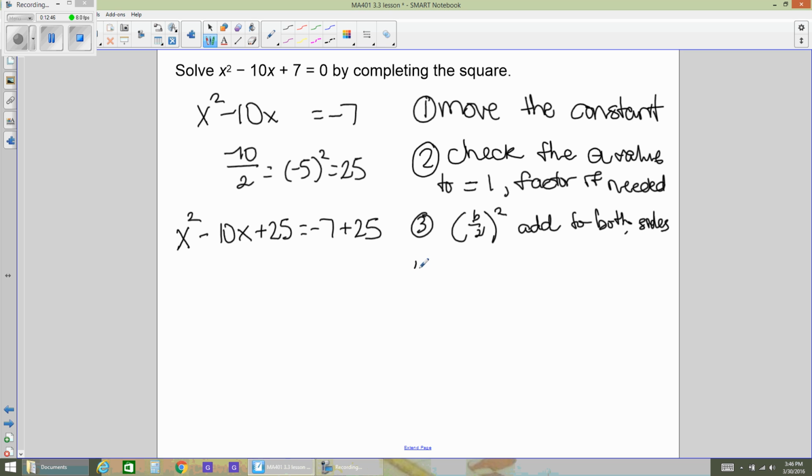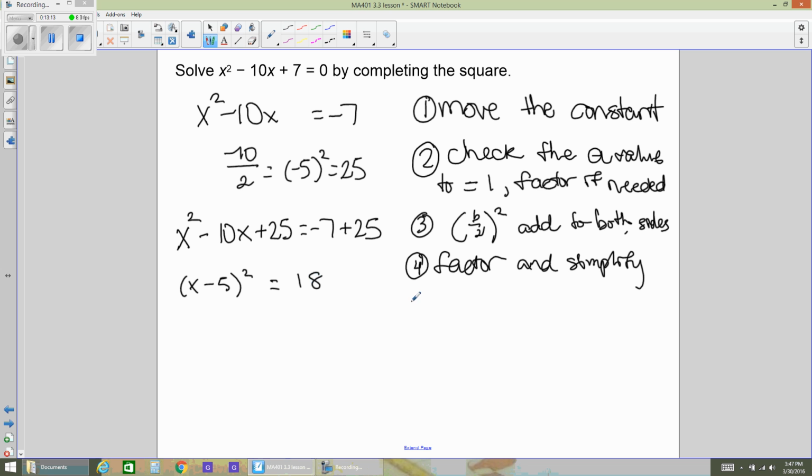Okay, now we are going to factor and simplify all in one step here. So factoring gives me x minus 5 quantity squared. And simplifying gives me, think quick, 18.